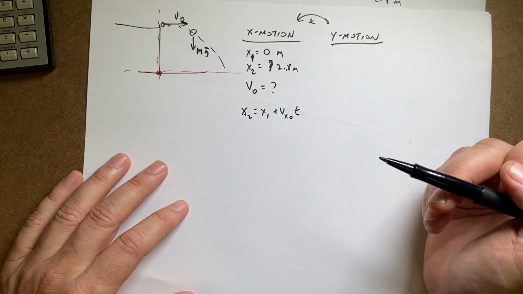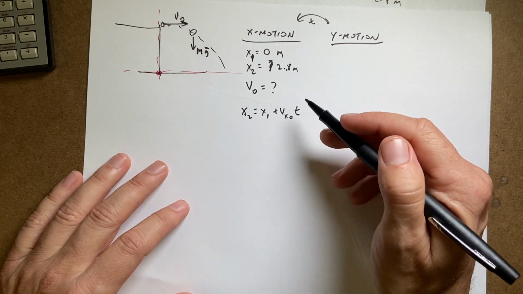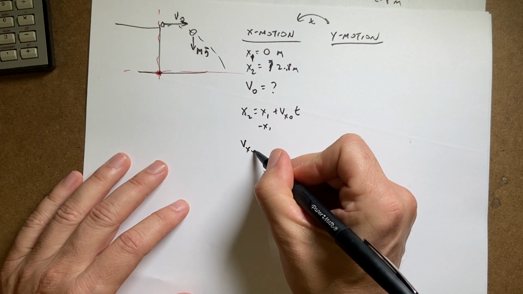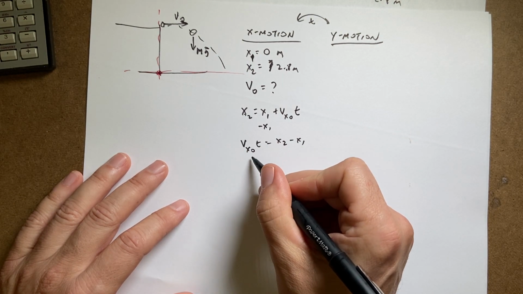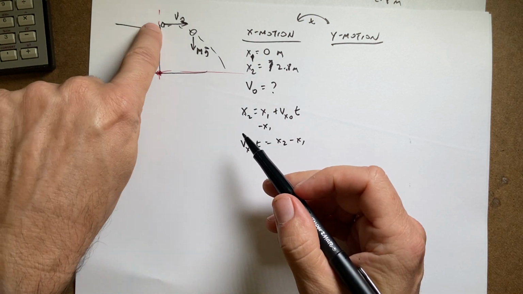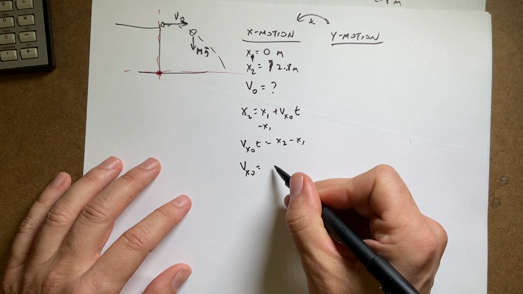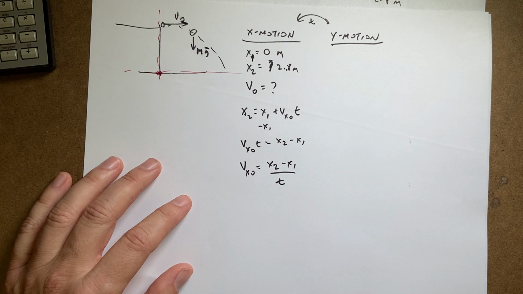I don't know time and I don't know the velocity, so I can't solve for the velocity yet. I can subtract x1 and get vx0 t equals x2 minus x1, and divide both sides by t. This is assuming that I start at t equals 0; this really should be delta t. So I get vx0 equals x2 minus x1 over t. So I need to find t.